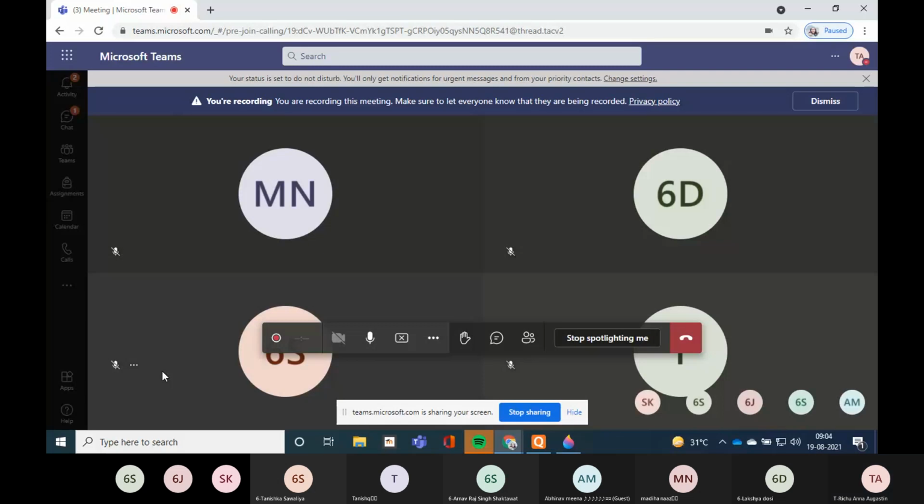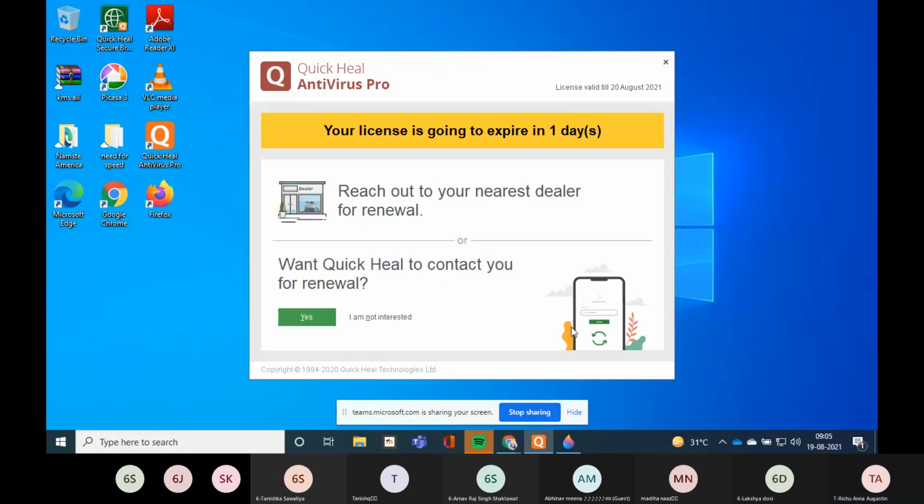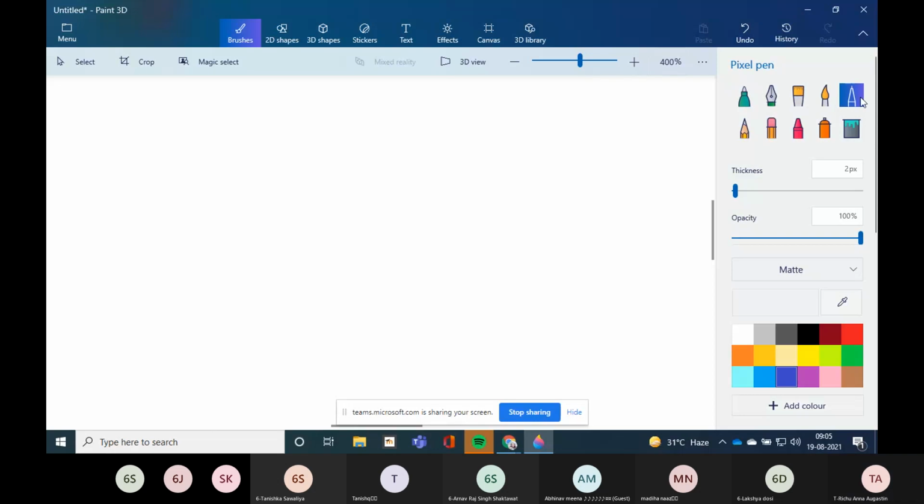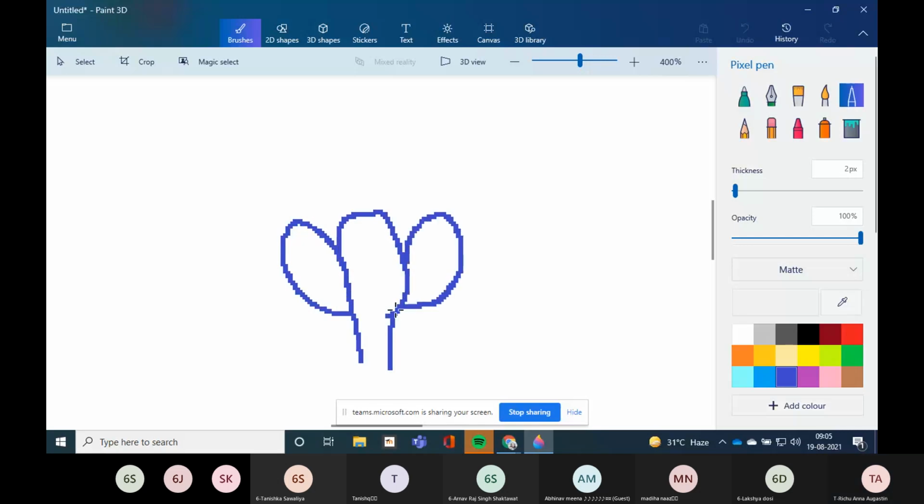So when the honeybees and the butterflies sit on these flowers, the pollen grains from that particular flower will get stuck on the body of the honeybee and butterfly, right? Just a minute, I'll show you. Okay, suppose this is a flower.